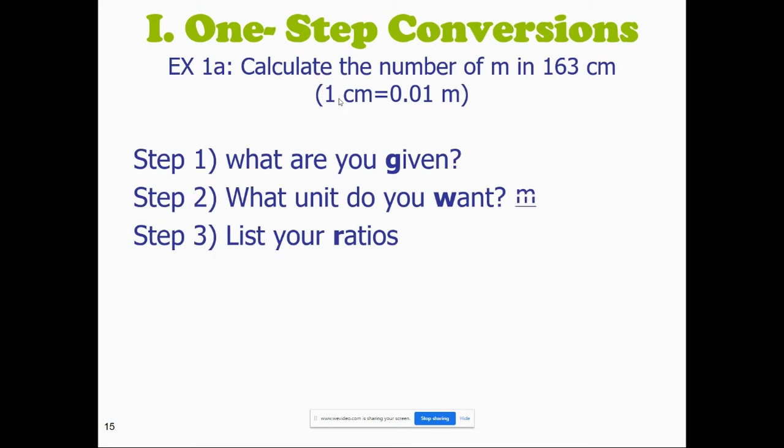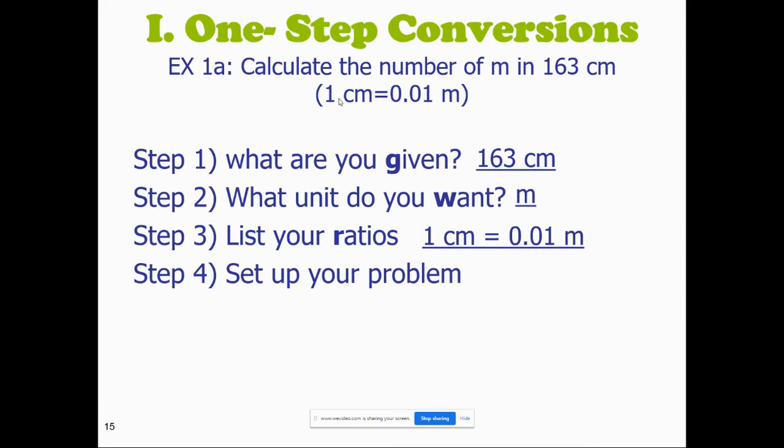So what does that look like? We're given 163 centimeters. We want meters. And we know that 1 centimeter is equal to 0.01 meters because we have that memorized. Okay, so let's set up our problem. First thing you do is write down the given over the number 1. You don't have to write that 1.